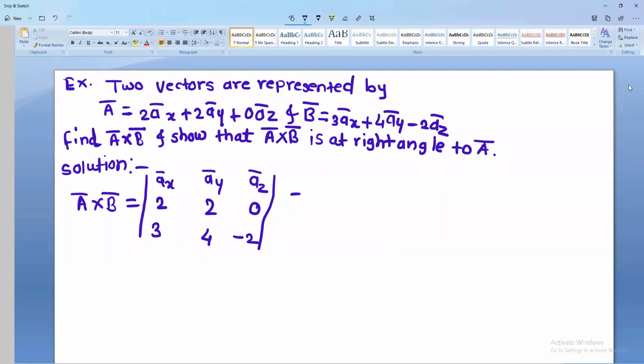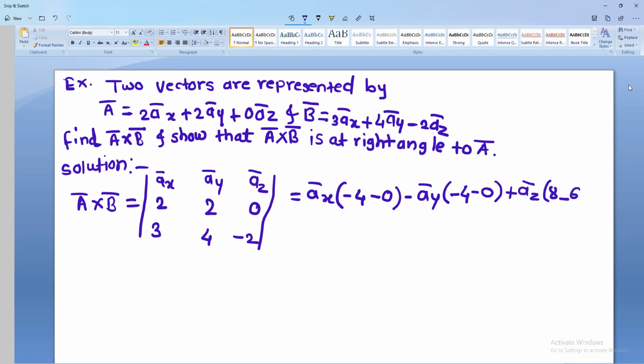It is equal to a bar x into bracket 2 into minus 2 is minus 4, minus 4 into 0 is 0. Then minus a bar y into bracket 2 into minus 2 is minus 4, and 3 into 0 is 0, so it is minus 0. The last term is plus a bar z into bracket 2 into 4 is 8, minus 3 into 2 is 6.